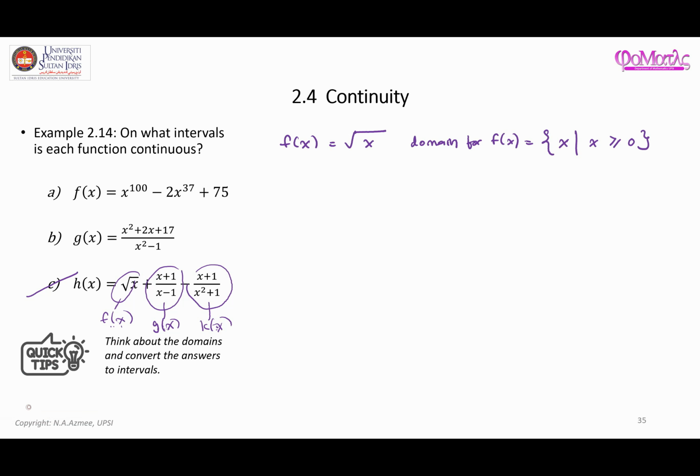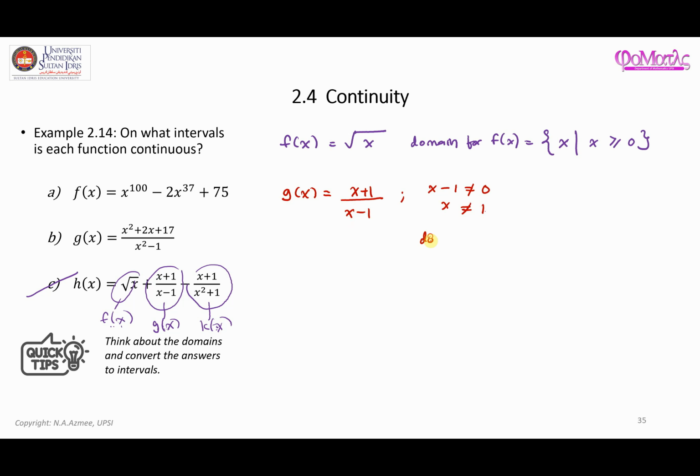Next, let's consider the domain for g(x). So g(x) is (x plus 1) over (x minus 1), and again we have a rational function, and what you need to pay attention to is the denominator, where you have to ensure that it is not going to be 0. So x minus 1 cannot be equal to 0, and x is not equal to 1. If you plug in the value of 1, you will have a computational issue for g(x).